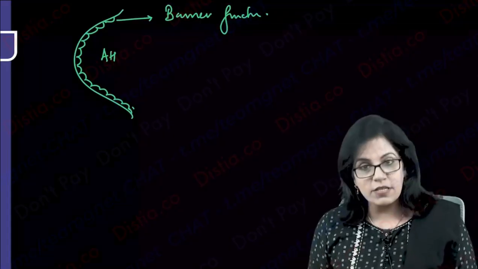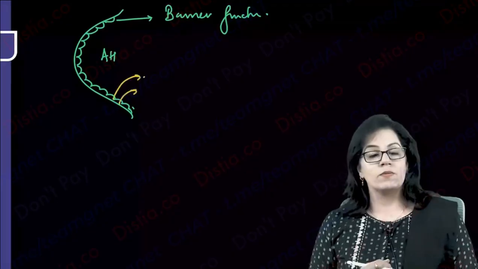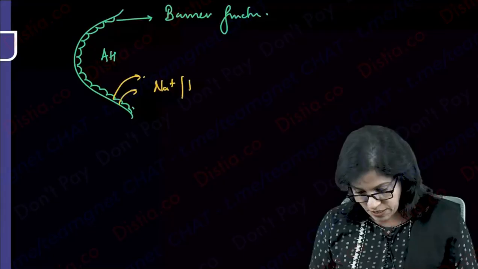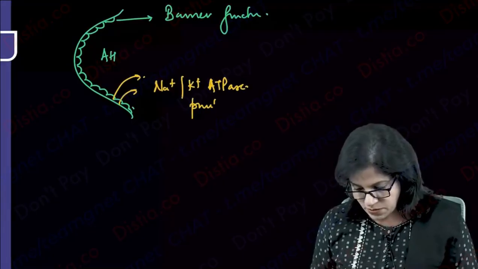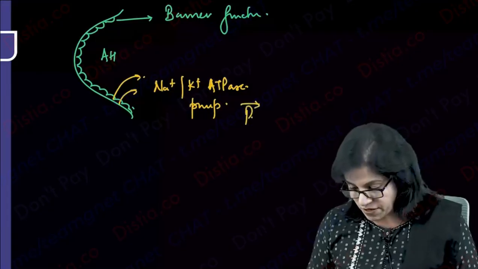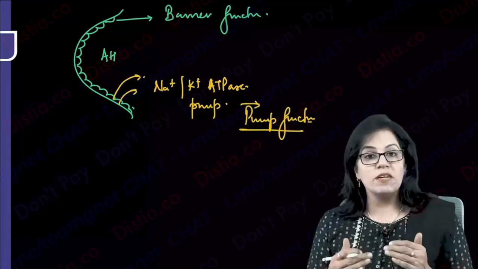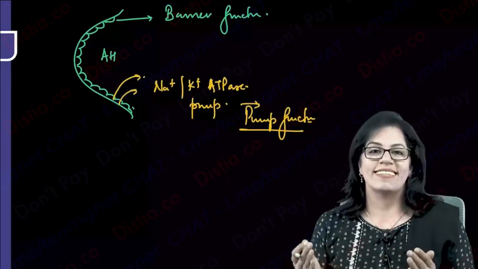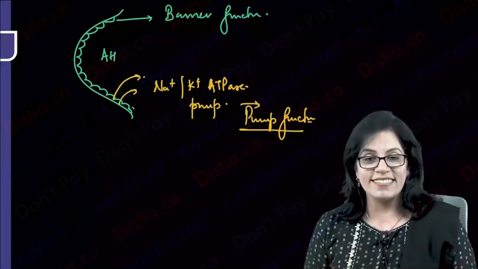So what is the next important thing it is doing? It is pumping the water back into the aqueous. Whatever water goes inside is pumped back through the sodium potassium ATPase pump. This is what is called the pump function of the endothelium. So it is both, but primarily pump function and then barrier function, which help to keep the cornea in a dehydrated state. That means the endothelium is a very, very important part of your cornea, isn't it?